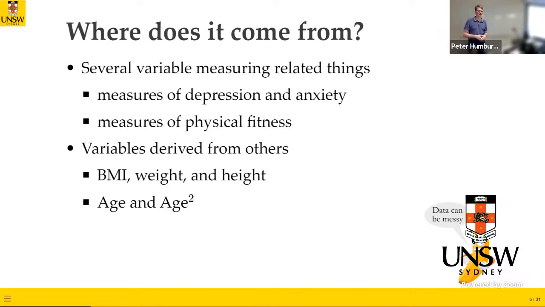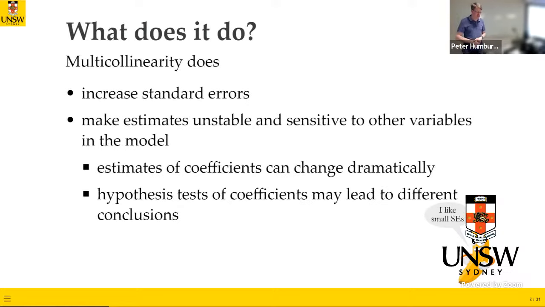We've looked a bit at its definition, I guess, and where it might come from, but really what is worrying us is what it might do, right? What might it do to our results? What happens if there actually is multicollinearity, and why is it bad?